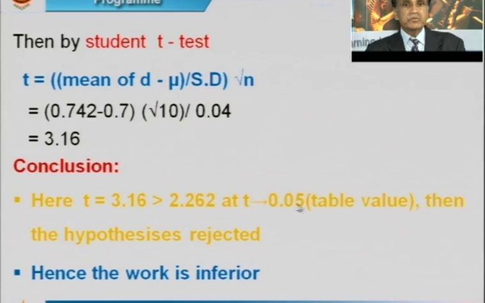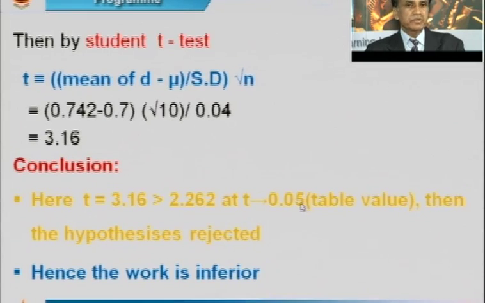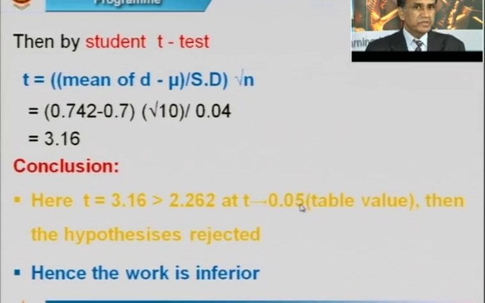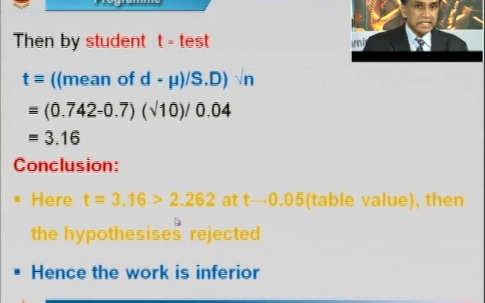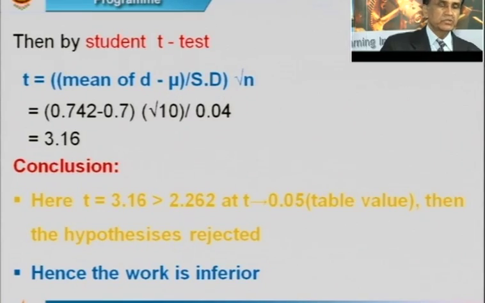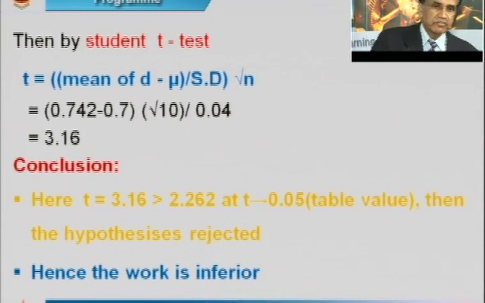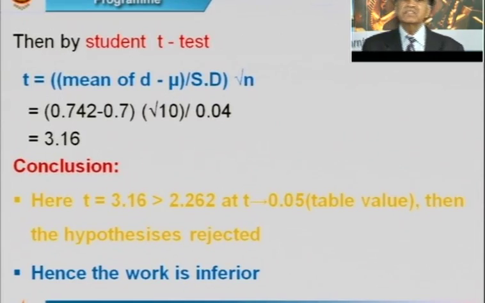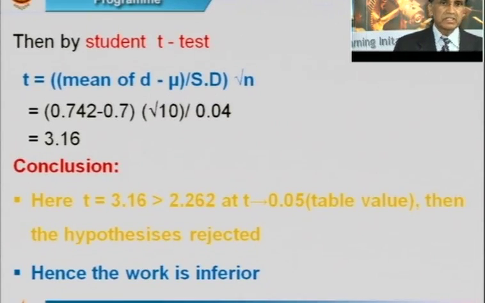Then 0.05 says 5% level of significance. Therefore, t is equal to 3.16 is greater than 2.262. What is your conclusion in this way? That means it is beyond the limit of the table value.